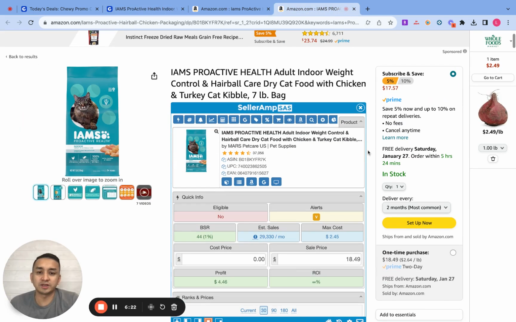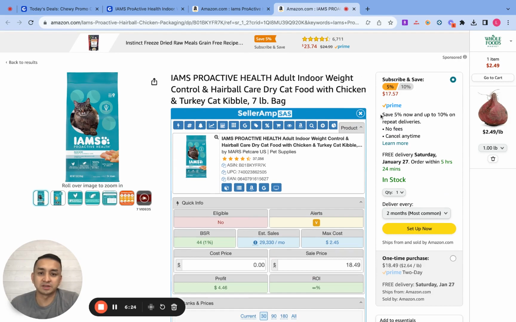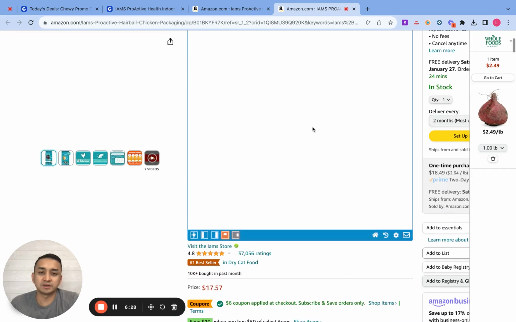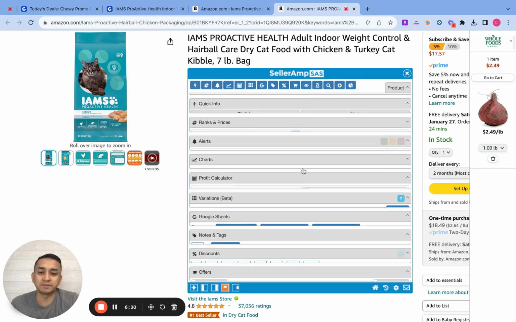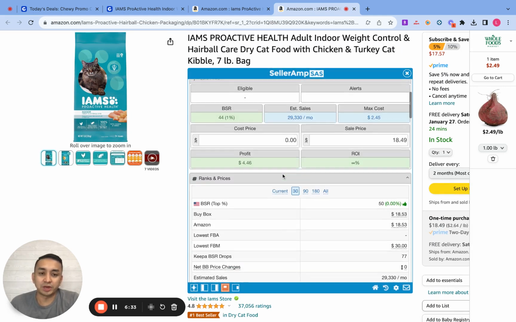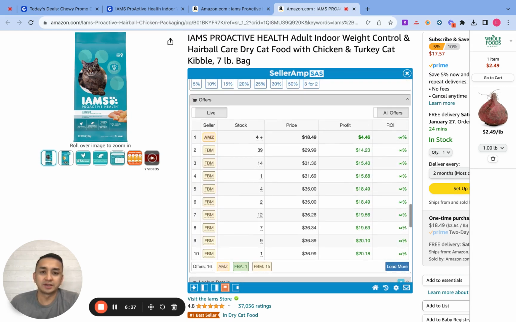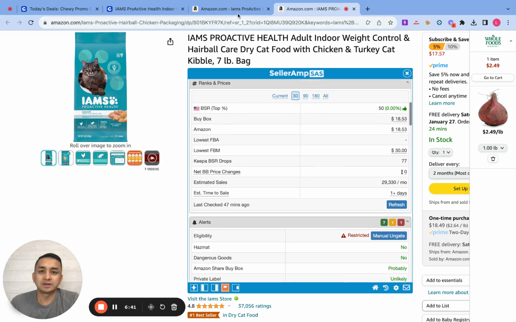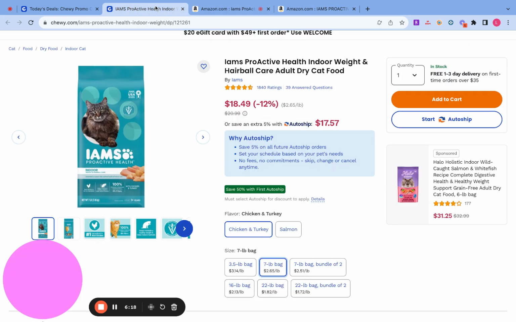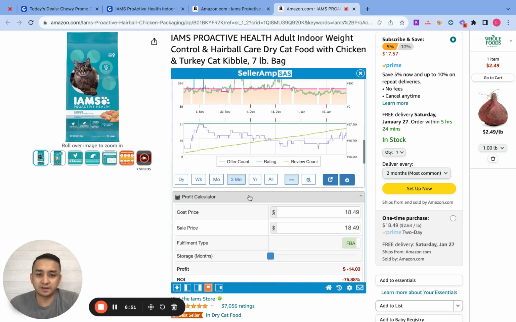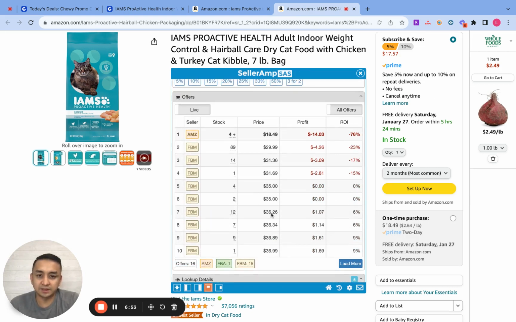The problem though is it's also $18 on Amazon. I mean, the products match, but there's no price difference. Wait a second. This one is 18.49, I'll just plug it in. So 18.49. Let's see.